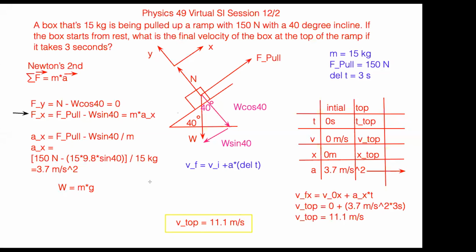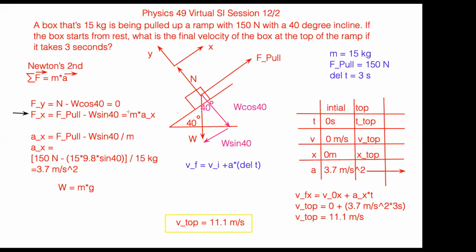And Isaiah here got 11 meters per second, and that's the velocity of the object at the end of the ramp. So to quickly overview what we just did, we drew our picture, we created our free body diagram, which shows which direction the forces are and what forces we have. We broke it into y and x components.